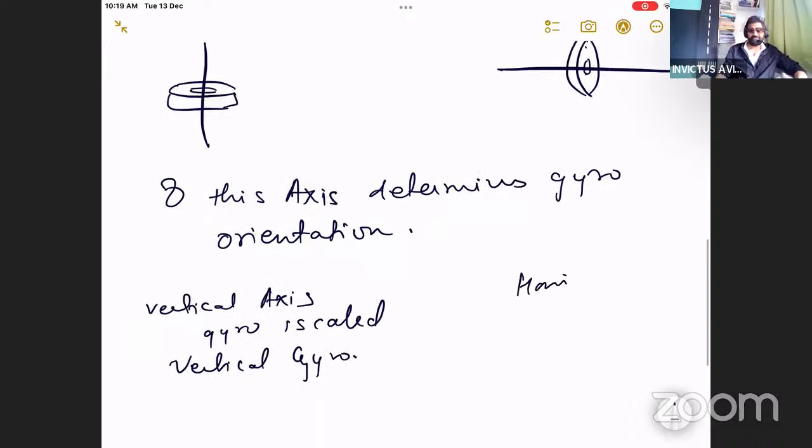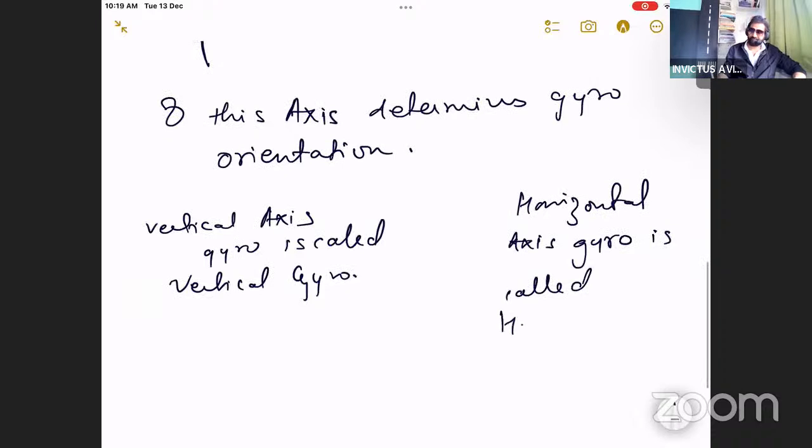And horizontal axis gyro is called horizontal gyro. Today you have to master this gyro, okay? For good. Study along with me, okay?